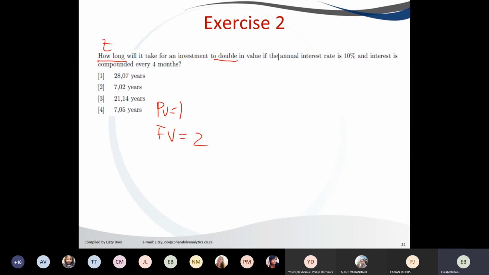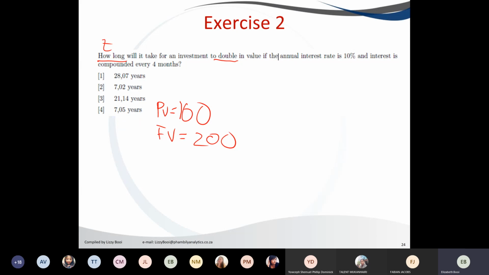You can choose any value. It doesn't have to be 1 and 2. It can be 100, and when 100 doubles, it becomes 200. You can choose 5,000, and when 5,000 doubles, it becomes 10,000. You can choose 100,000, and it becomes 200,000. It depends on you which value you want to choose. You will still get the same answer.